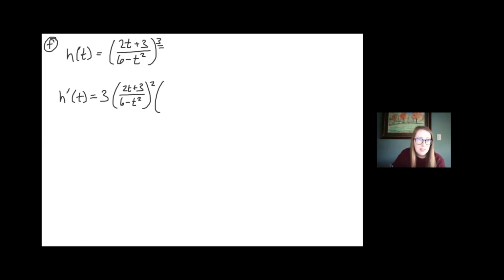And the derivative of the inside function is going to cause us to have to use the quotient rule. So the quotient rule says the derivative of the numerator, 2t plus 3, the derivative of that is just 2, times the denominator as is, so 6 minus t squared, minus the numerator as is, so 2t plus 3, times the derivative of the denominator, which would be negative 2t, because the derivative of 6 is 0, and then the negative stays, take the derivative of t squared to get 2t.